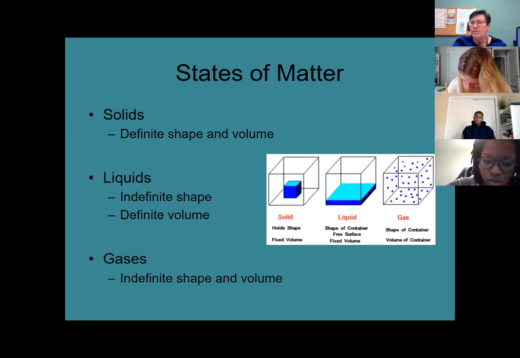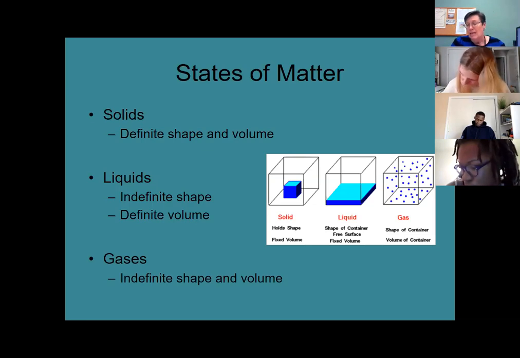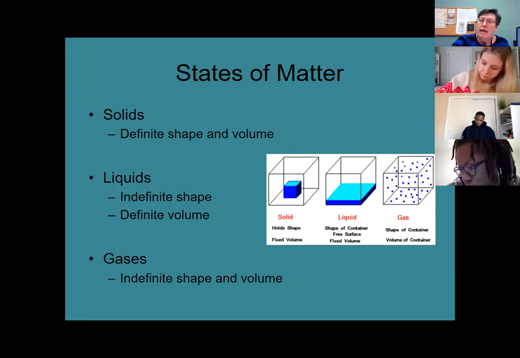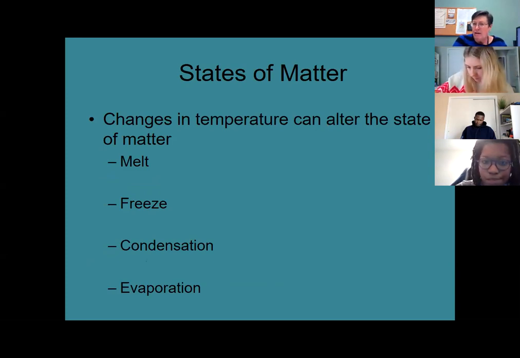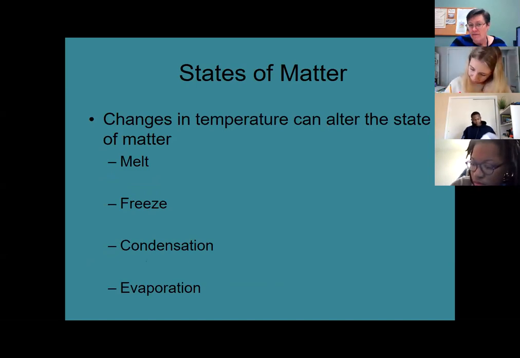So these are the different states of matter. But again, by definition, matter is anything that has inertia and anything that occupies space. We've already alluded to this, but matter can change its state, and typically temperature is what alters the state of matter.